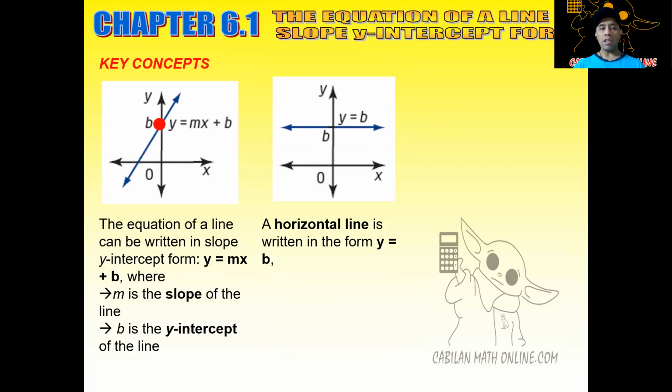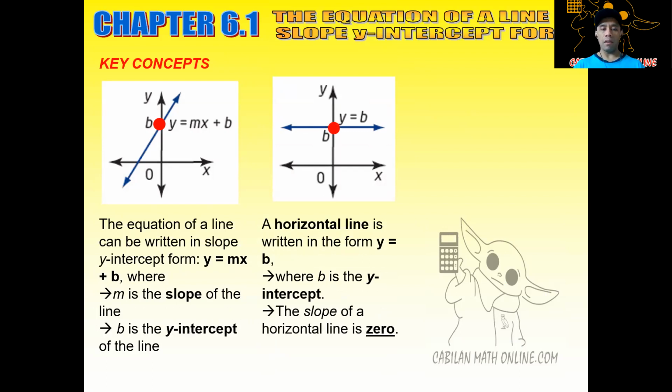When we're looking at a horizontal line, we just need to see where it touches the y-axis, and that will be the y-intercept. So the y-intercept of a horizontal line happens to be the equation of the horizontal line. And remember that when we calculated the slope of all horizontal lines, no matter how long or how short, the slope of a horizontal line was always 0.